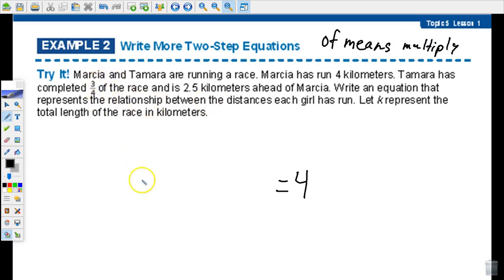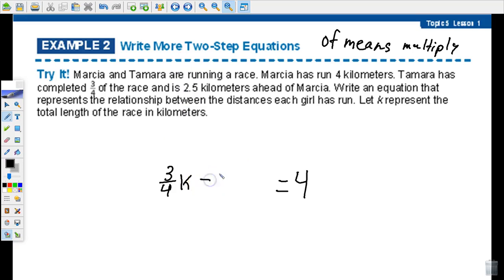So 3/4 of the race, so we'll say 3/4 times K, and is 2.5 kilometers ahead of Marcia. So we have to make this equal Tamara. No, this is Tamara, so we need to make it equal Marcia.